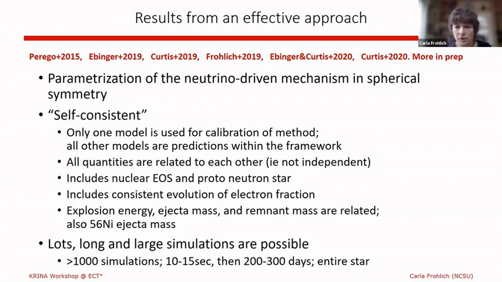And we can include almost the entire star in the first 10 to 15 seconds, and obviously the entire star for the long-term simulations out to a couple hundred days. And these are all things that at the current time cannot be done by multi-dimensional simulations yet. And so we can produce ensembles of predictions of different messengers, and we can make comparisons of ensembles rather than individual simulations with individual events.